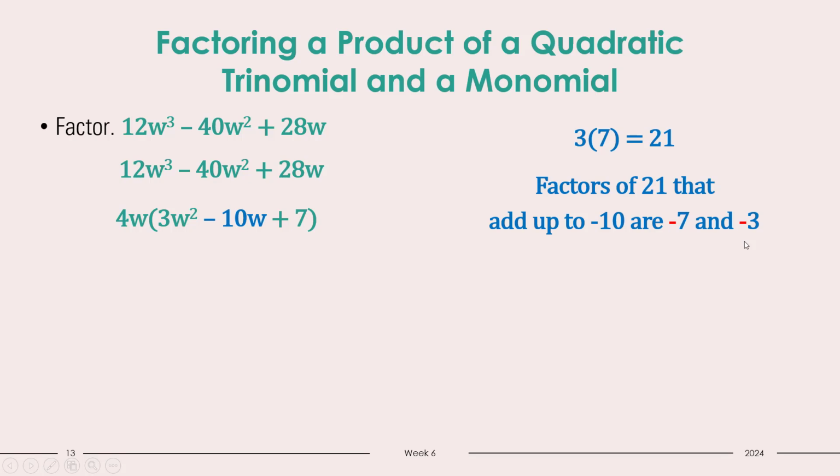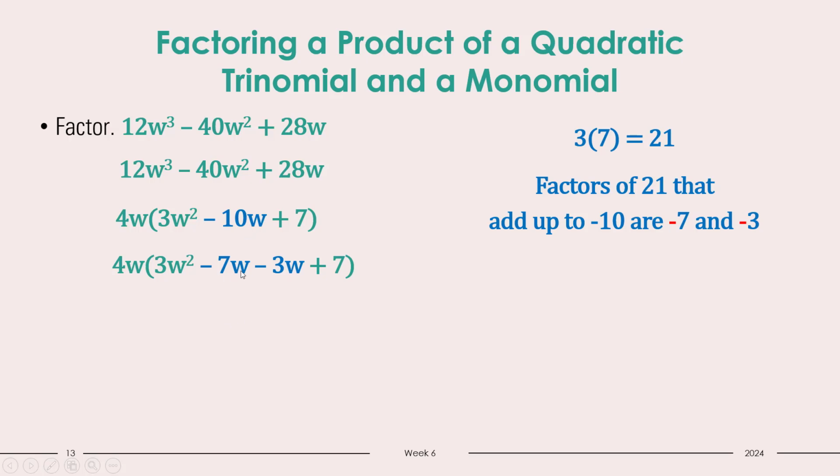Negative 7 plus negative 3 gives me negative 10. So we got 3w squared minus 7w minus 3w plus 7. The minus 7w minus 3w come in from the factors that we identified that work. Okay, so rewrote negative 10w this way.